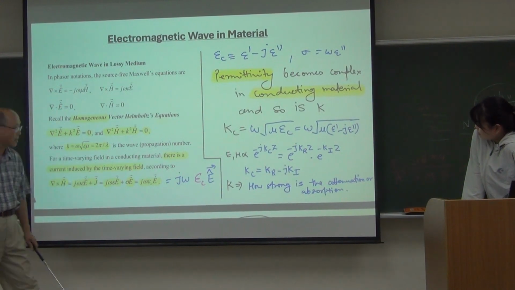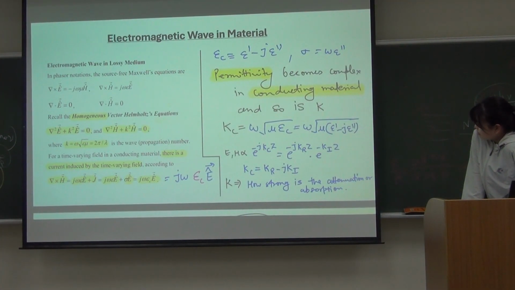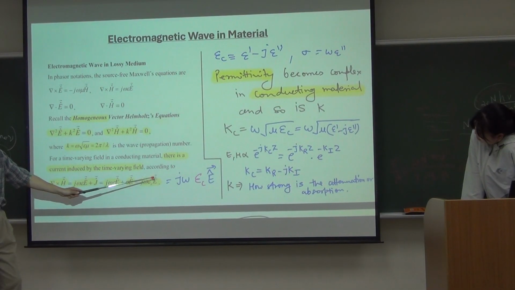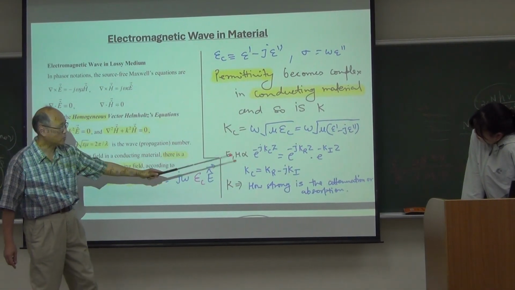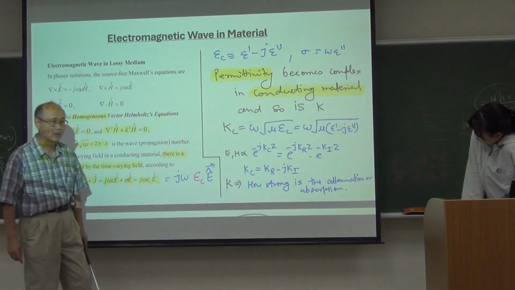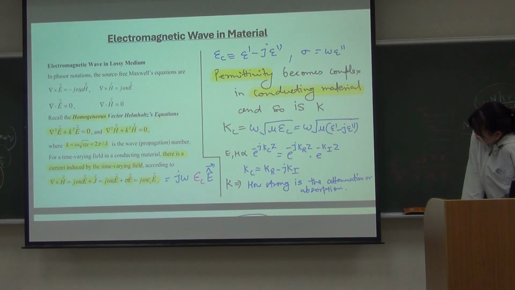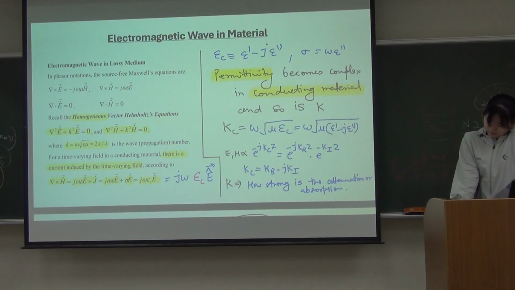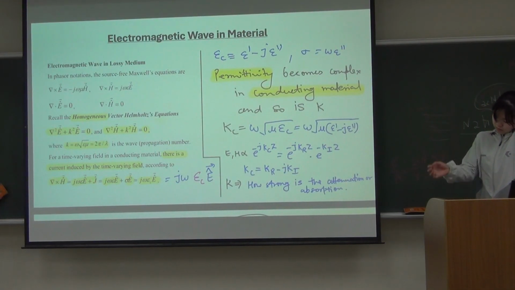But then you find something that is quite bizarre, because once you have a complex permittivity, your propagation constant will have real part and imaginary part. What does it mean? You have real part and imaginary part in the propagation. What happens is that your exponential j k z, for example, suppose the wave propagates along z direction.